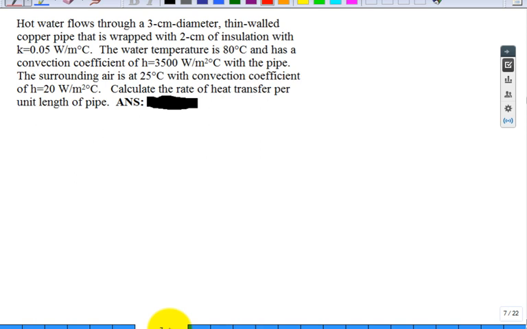Let me give you some time to solve that one or another problem. Do you want to spend some time on this one? We have hot water flow through a 3 centimeter diameter thin-walled copper pipe.